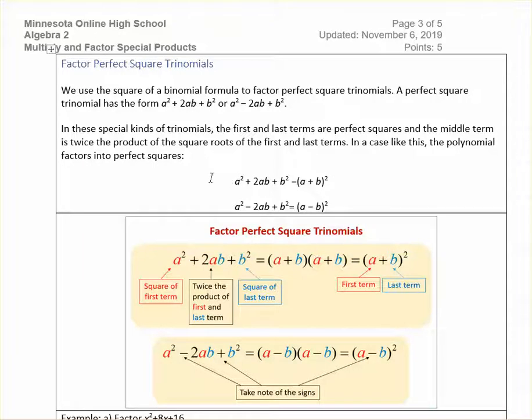So these are, if you have a trinomial, a squared plus 2ab plus b squared, so that the middle term is 2 times a times b. That's the tricky part to check. And the first term is something squared, and the last term is a perfect square. Then we can use this formula to factor it more quickly.